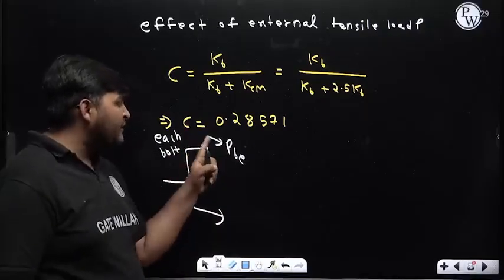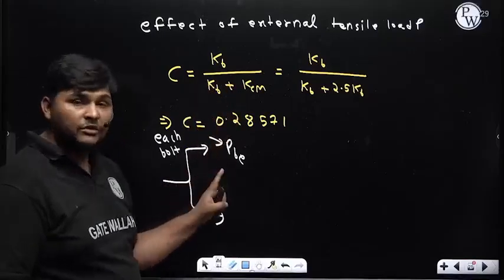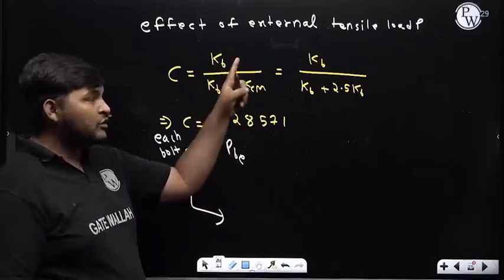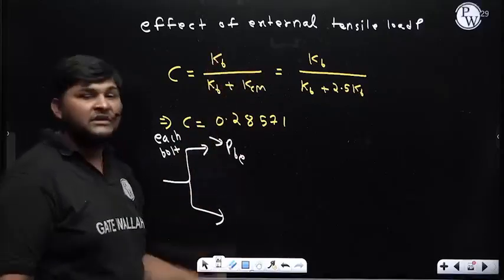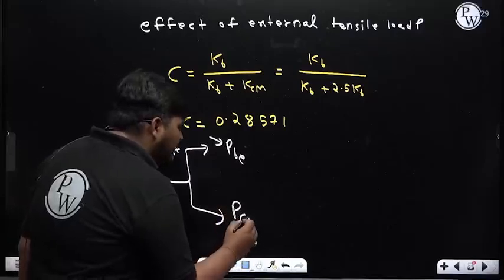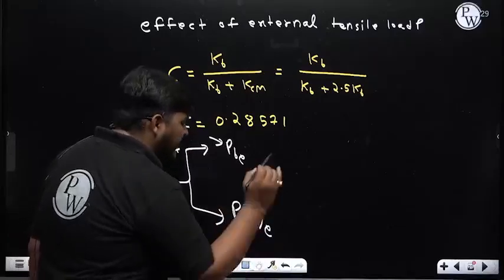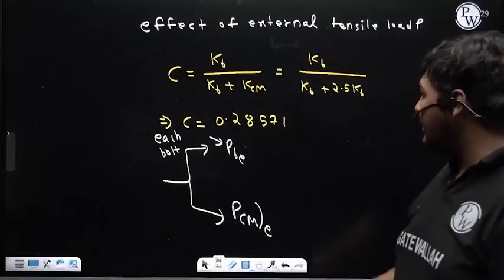PBE is the effect of external tensile load in each bolt. E for external, because we are calculating the effect of external tensile load, that's why I am taking suffix E. Similarly, the effect of external tensile load in the connecting member I am representing as PCME, meaning the axial force shared by the connecting member due to external load is PCME.